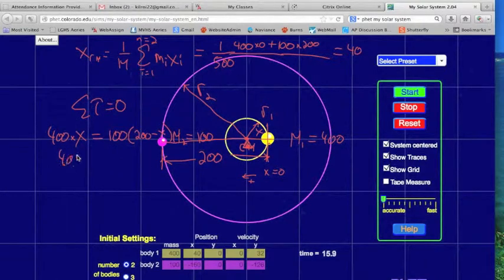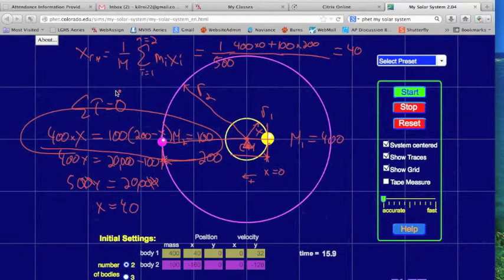So you get 400x equals 100 times 200, or 20,000 minus 100x. And so you get 500x equals 20,000, or x equals 40. You're more likely to remember this trick than this equation, at least in my opinion.